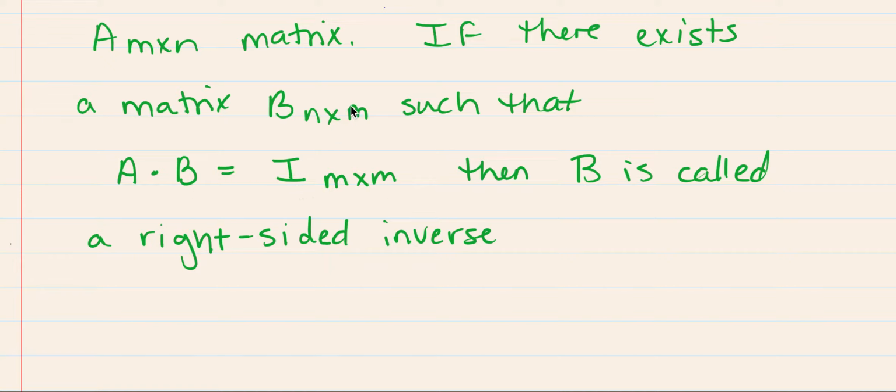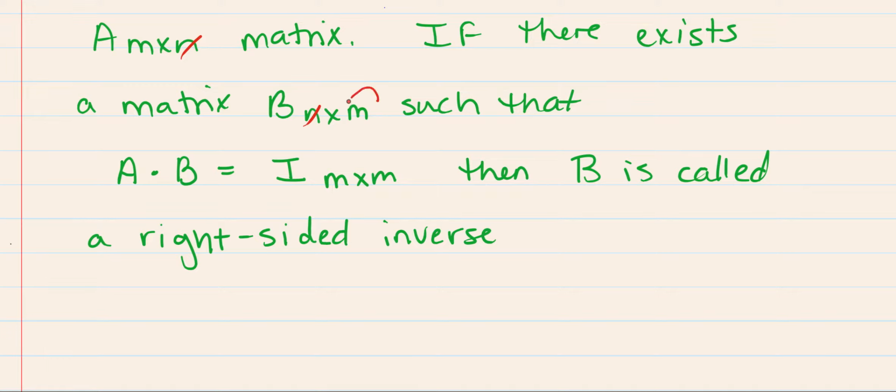Now notice that I had put a p here, but if I multiply A with B, the n's would go away, and if I just had a p, I would have an m by p matrix, which is not an identity matrix because an identity matrix has to be square by definition. So in order for us to even get an identity matrix, it needs to be a square matrix.